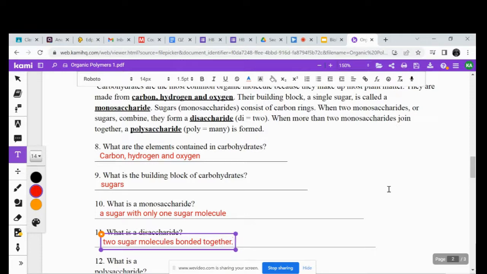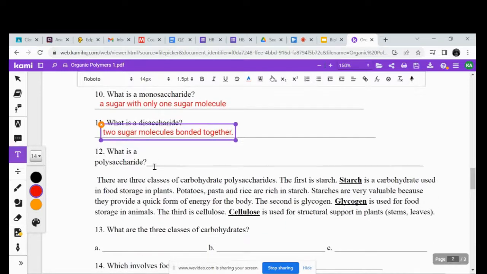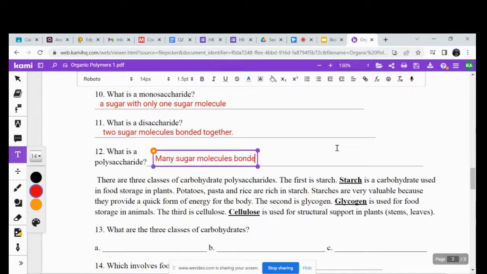So sucrose, the sugar that you sprinkle on your cereal, that's a disaccharide. Sucrose is fructose plus glucose, two separate sugar molecules bonded together to form a disaccharide. And a polysaccharide, poly means many, so it's many sugar molecules bonded together.